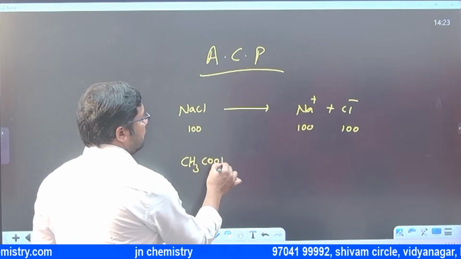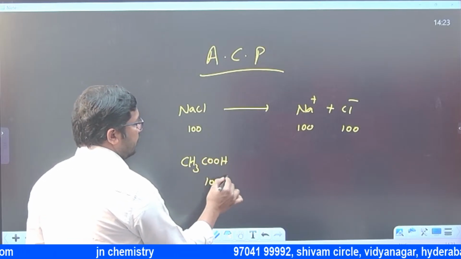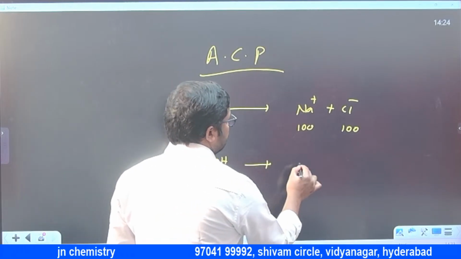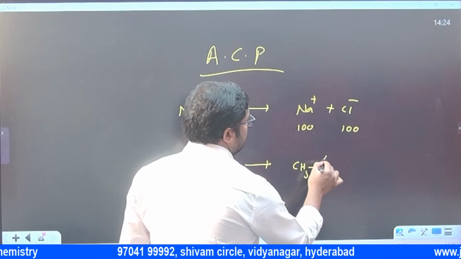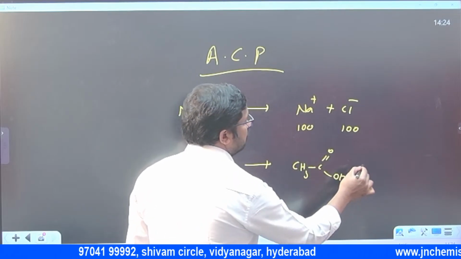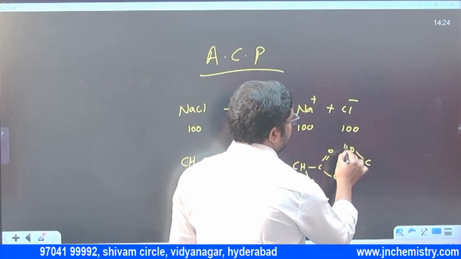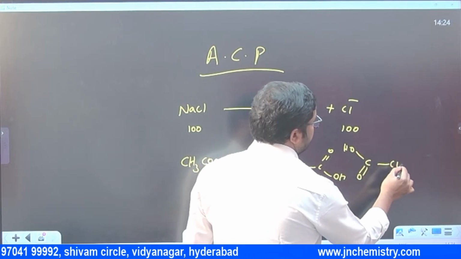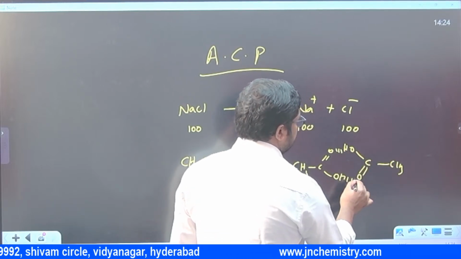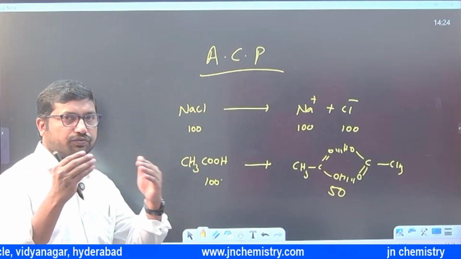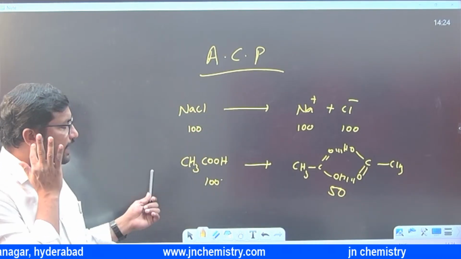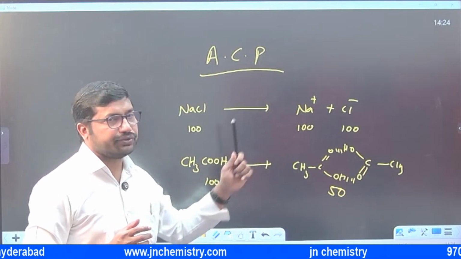For example, CH3COOH, I'm taking 100, it becomes a dimer through hydrogen bonding. Association takes place, so I take 100, it becomes 50. 2 becomes 1.